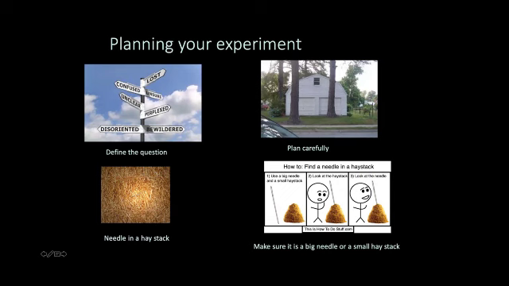If you do have a situation where you are looking for a needle in a haystack, you just need to make sure that it's a really big needle. If you're looking for bacteria within a cell, bacteria are quite big and you should be able to find them through a low magnification scan. So you have to plan carefully so that you have a reasonable chance of finding what it is that you're looking for.